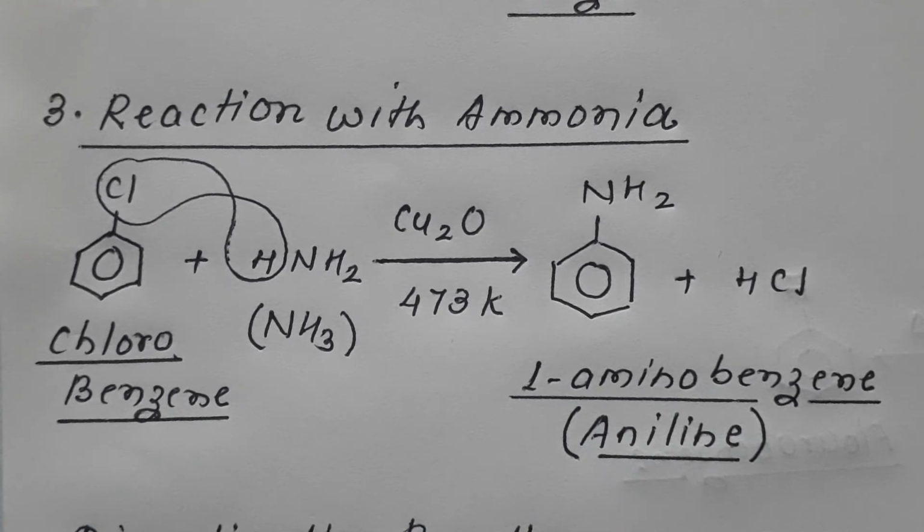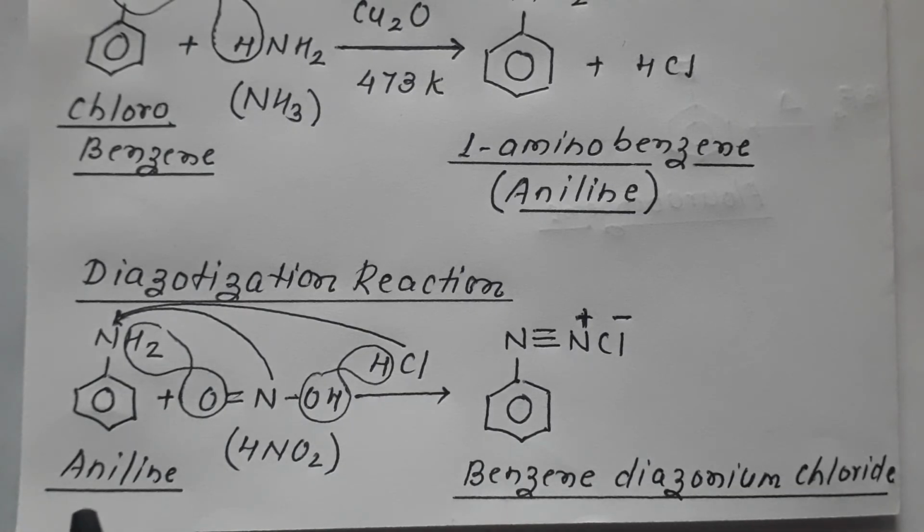I have dealt with the diazotization reaction earlier also. So we can convert chlorobenzene into aniline using ammonia, and then aniline into benzene diazonium chloride through diazotization.